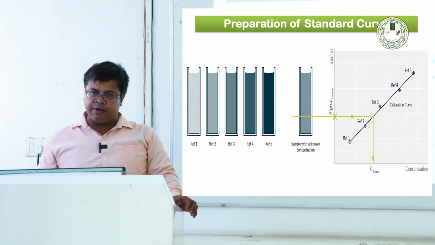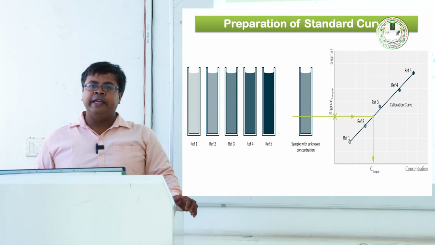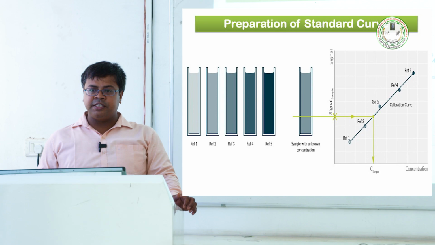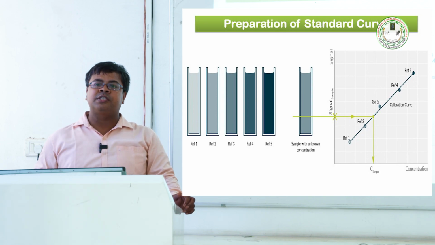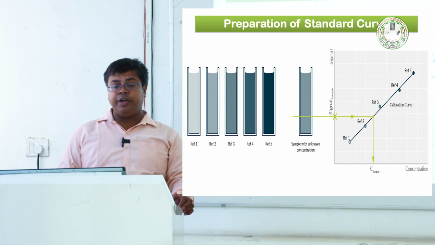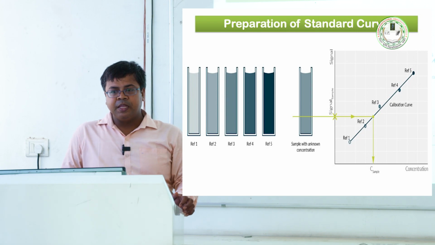From that we have to take a vertical line to the x-axis, and where it touches the x-axis, that concentration will be the concentration of the unknown sample. Okay, in this way we will use the standard curve.